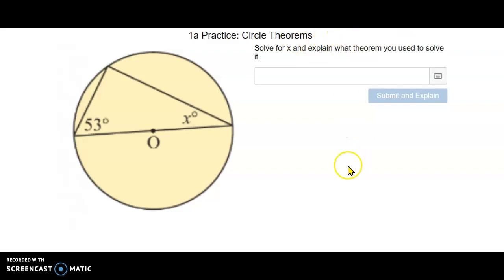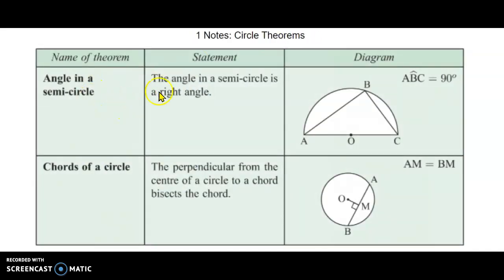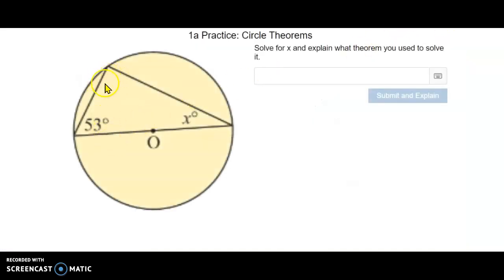Slide 16 says: solve for x and explain what theorem you use to solve this variable. Going back to angle in a semicircle, it says that the angle in a semicircle is a right angle. So we know that this angle here is 90. To find x, you need to subtract 53 from 90, because this whole thing is 180.